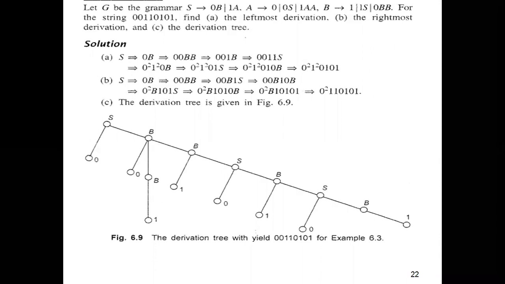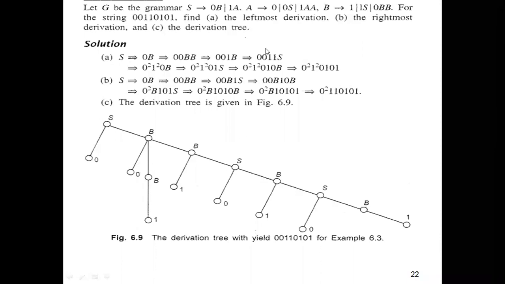Then after two zeros I get here, right? 0BB. And then I substitute 1 in the place of B.